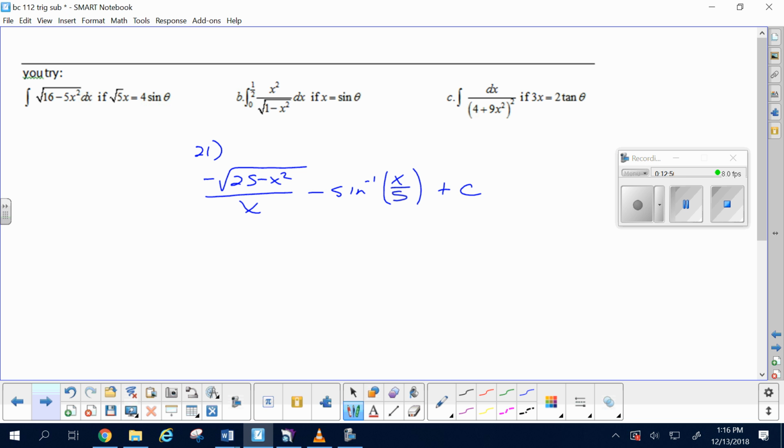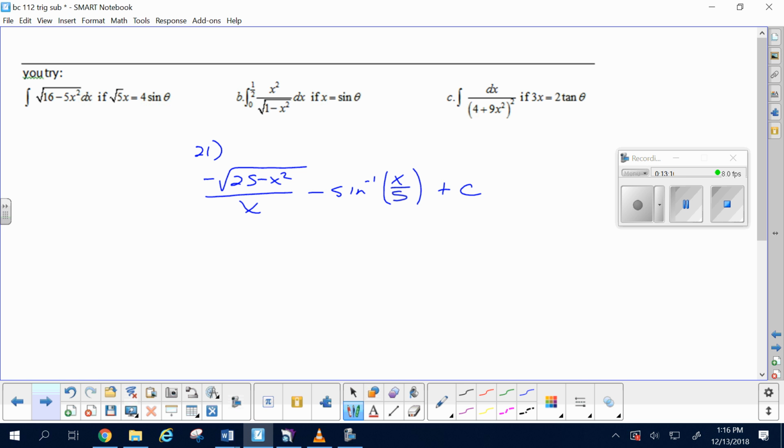Okay, so that said then, I'm pretty sure that's right. 88% sure. Where did you get the square root of 25 minus the square? So actually, I should show my work up here, sorry.